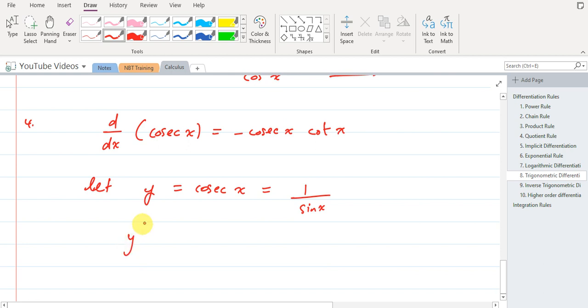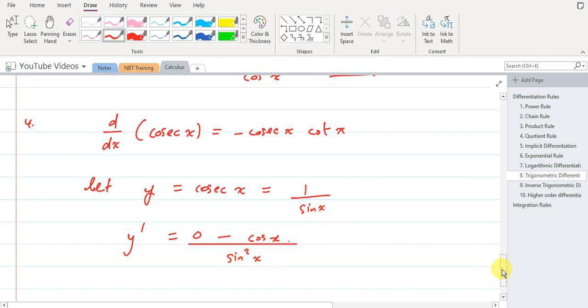And to find the derivative of 1 over sine x, the derivative of 1 is 0, so 0 times sine x, subtract the derivative of sine x, which is cos x, times the top, which is 1, divided by the denominator squared. The denominator squared is just sine squared x.